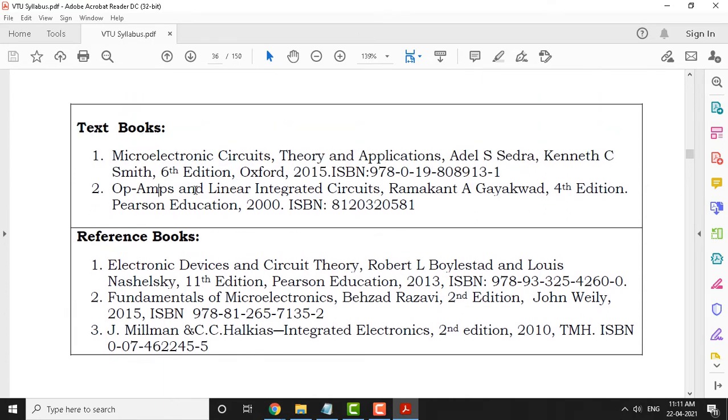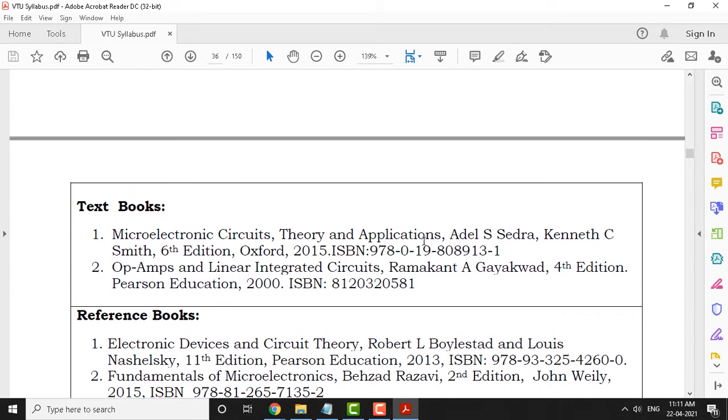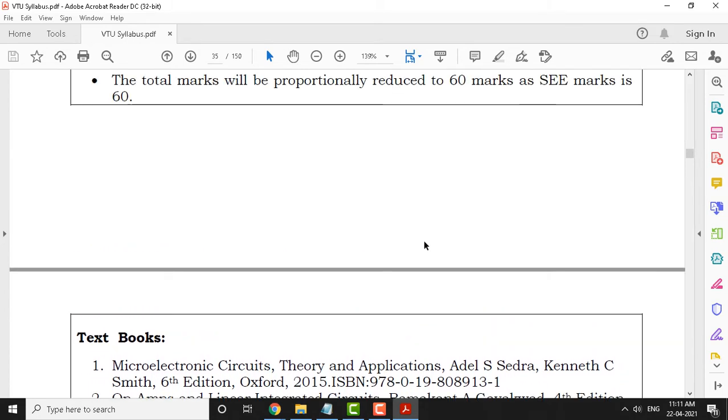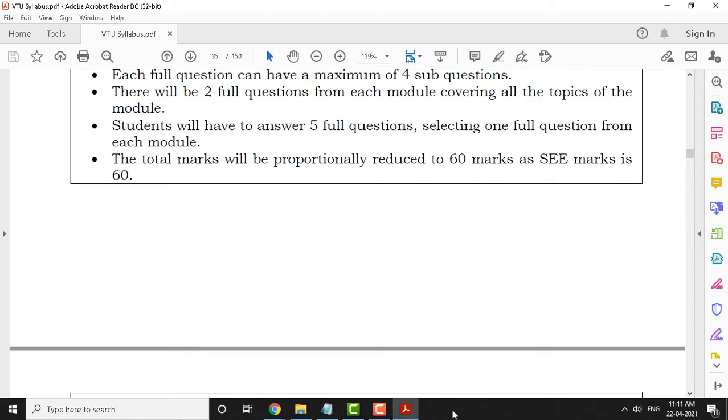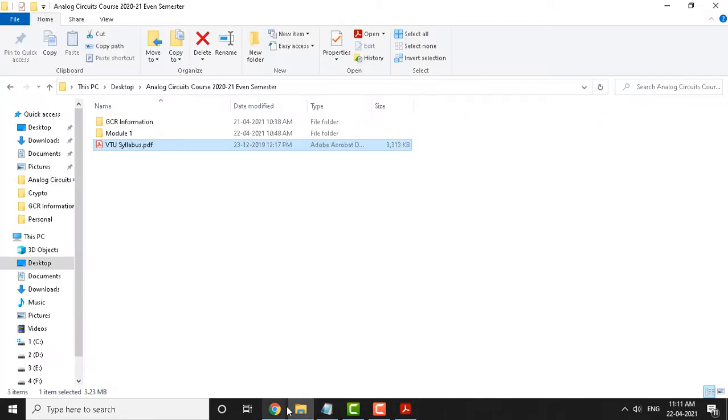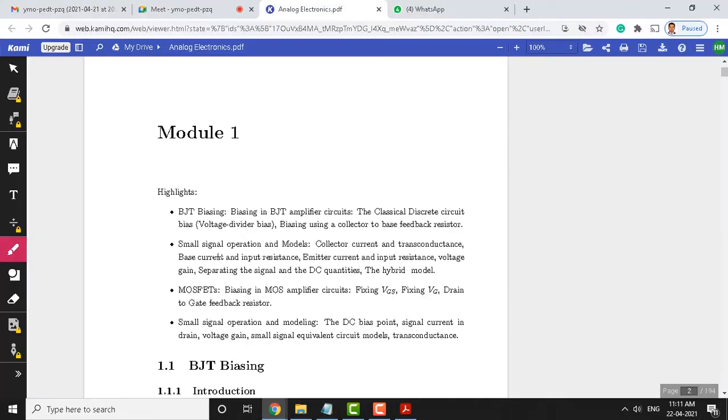Sometimes if you feel it is difficult to understand from the prescribed textbook, students can also refer to these 3 reference books mentioned here. So, all 3 you can keep with you, and whenever the circumstance comes, you can refer to them.